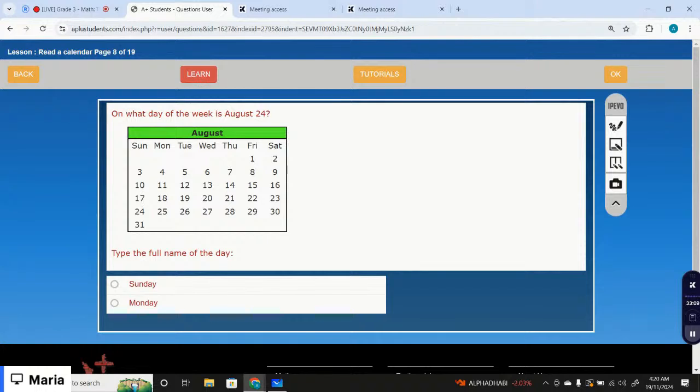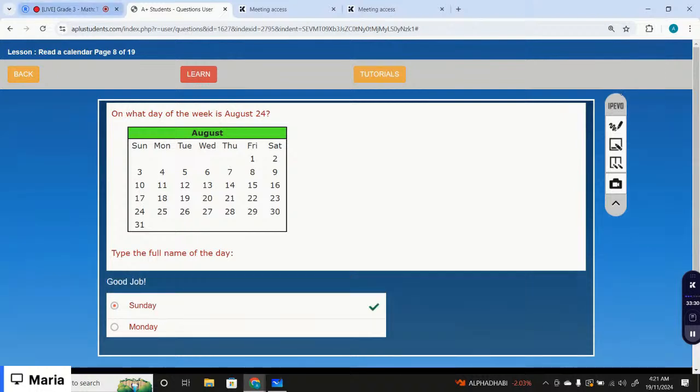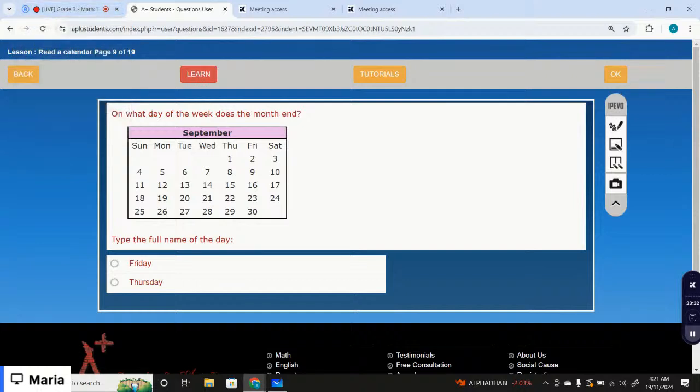On what day of the week is August 24? The August 24 is on Sunday. Option number one is the correct option. Sunday it is. On what day of the week does the month begin?